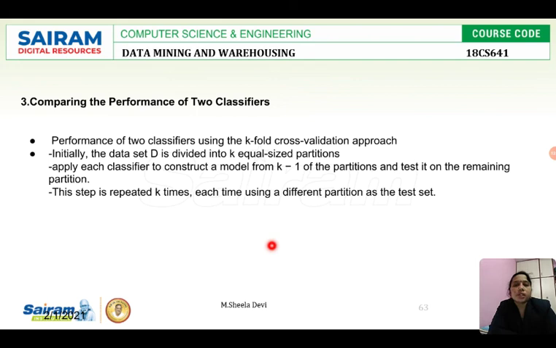Then for each classifier you want to compare, construct a model from the k-1 partitions and test it on the remaining partition. This should be repeated k times, each time using a different partition as the test set.